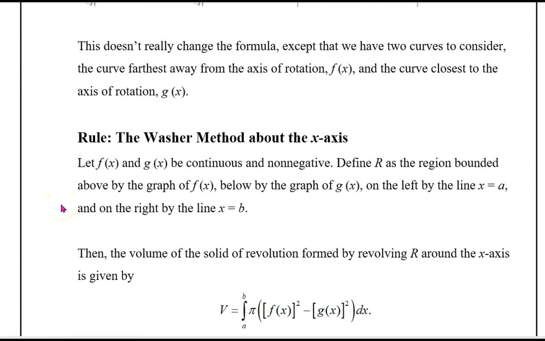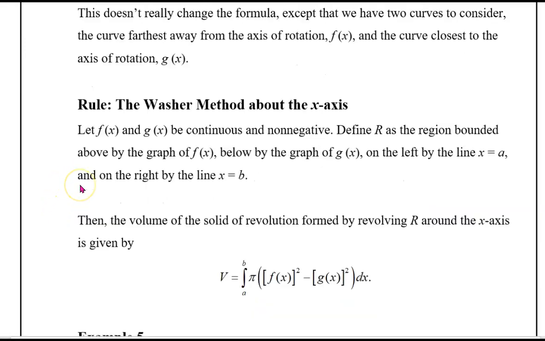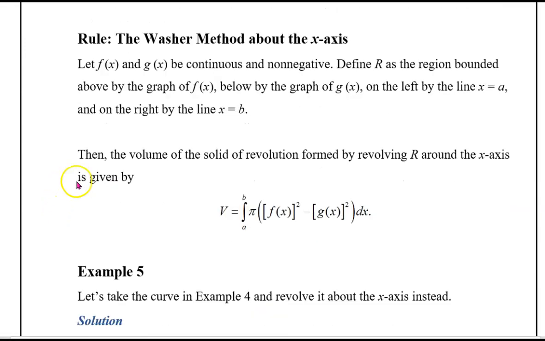Here's the rule from the textbook about the washer method about the x-axis. Let f of x and g of x be both continuous and both non-negative. Define R as the region bounded above by the graph of f of x, below by the graph of g of x, on the left by the line x equal a, and on the right by the vertical line x equal b.